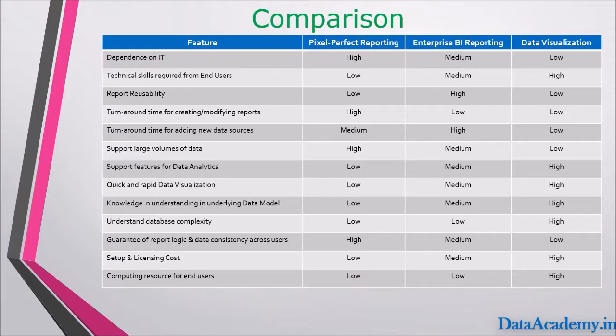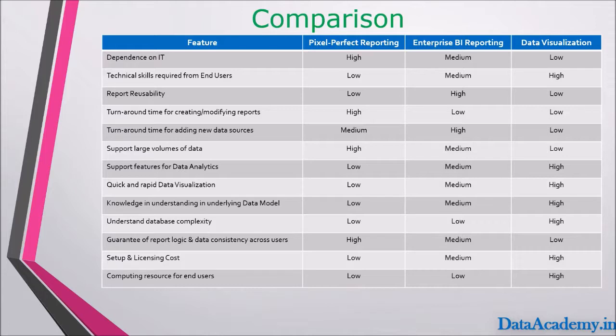The third feature is about report reusability. In a pixel perfect reporting, the reports can be reused. However, if there are any changes that are required to it, it cannot be reused until the changes are done.